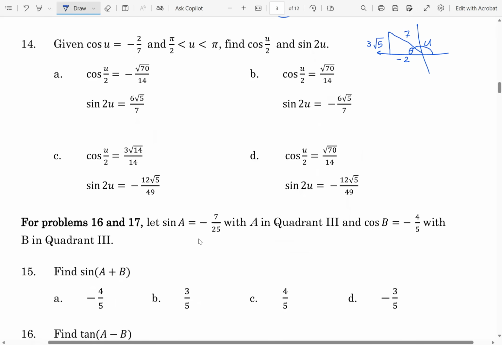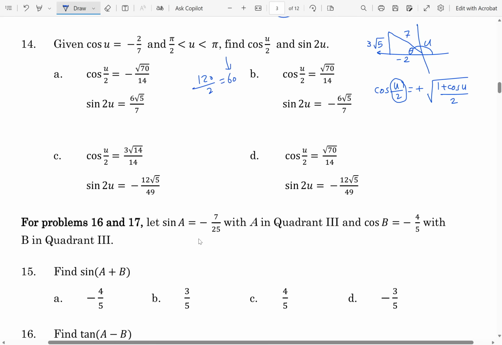Now I'd like to find the cosine of u over 2. According to the formula for cosine half angle, cosine u over 2 is the square root of 1 plus cosine u over 2. I take just a positive root here because u is an angle in the second quadrant, its half is an acute angle. Like when you have angle 120, its half is 60, an acute angle.